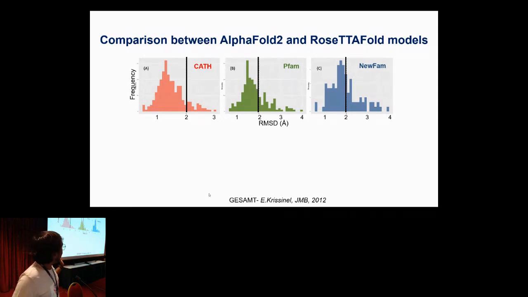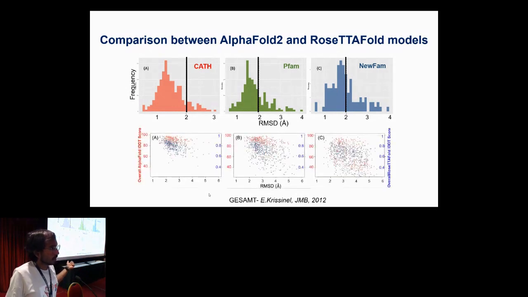And new FAMs has a higher percentage of domains which had higher RMSD, indicating that the two modeling tools didn't predict a similar structure for it. And as expected, the model quality also reduced with an increase in RMSD. Again, in the first column is the CATHs, second column Pfam, third column new FAMs. We see that as the RMSD of the model increased, the model quality went on decreasing.